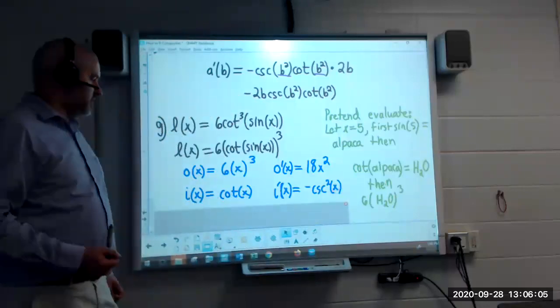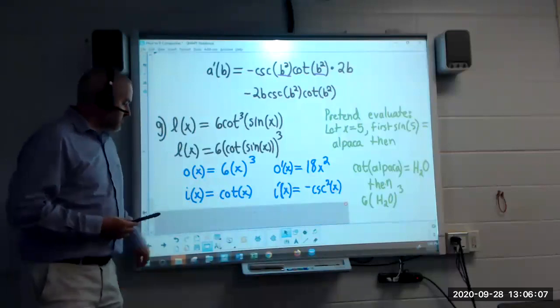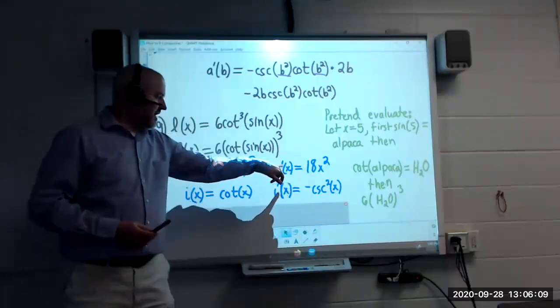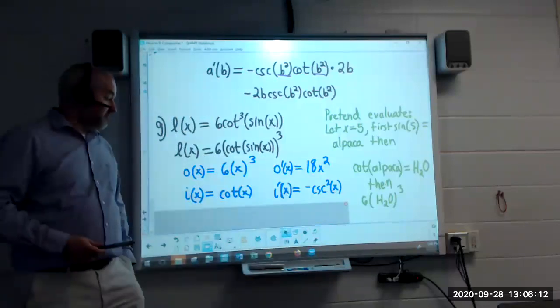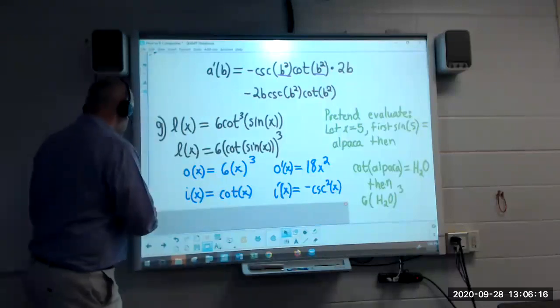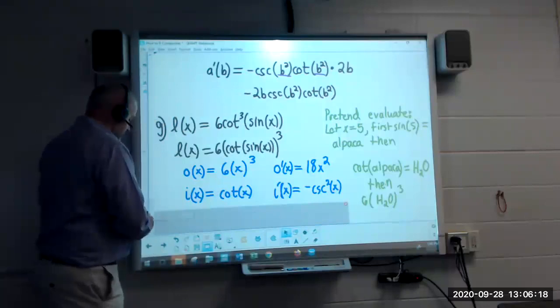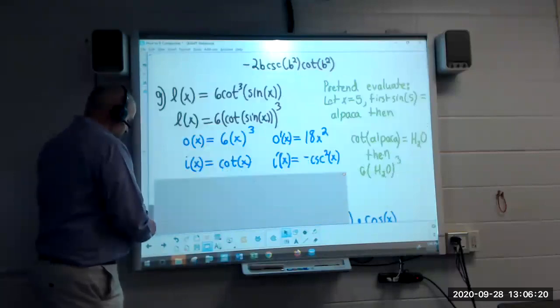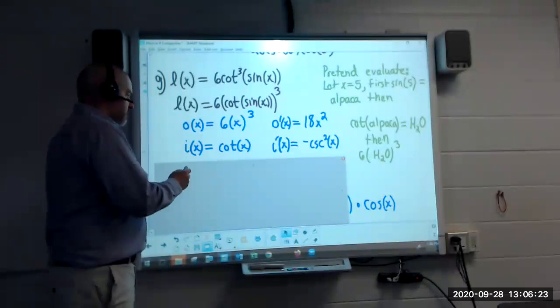And we need the derivative of cotangent. So inside of the top layer, the outermost layer, was cotangent. The derivative of cotangent is negative cosecant squared of x. And what was inside of the cotangent? That was the first thing we did, the sine.